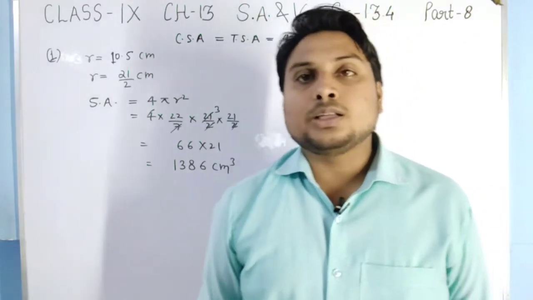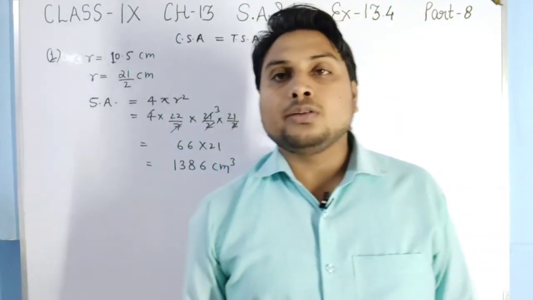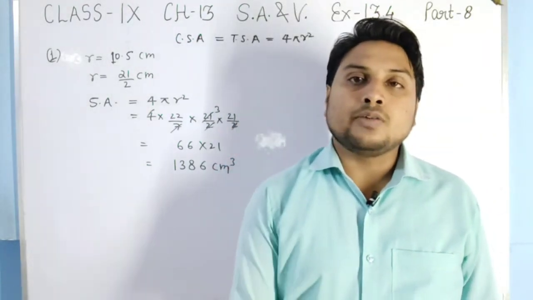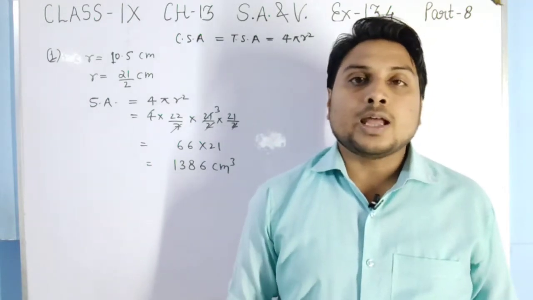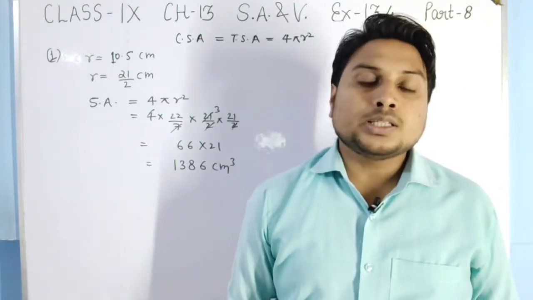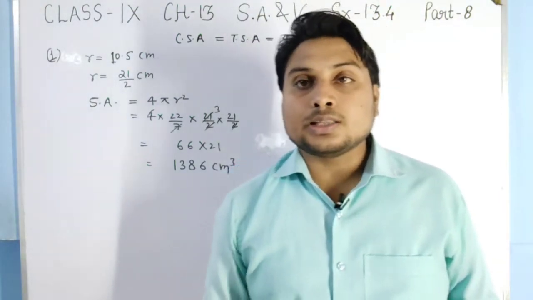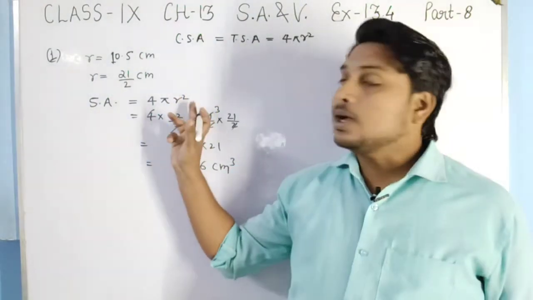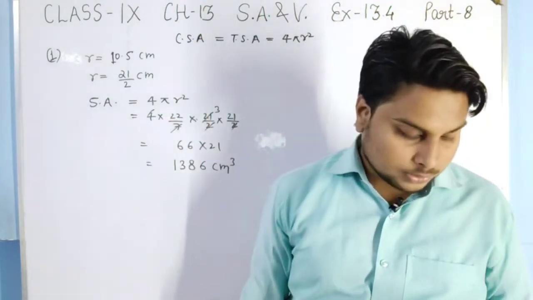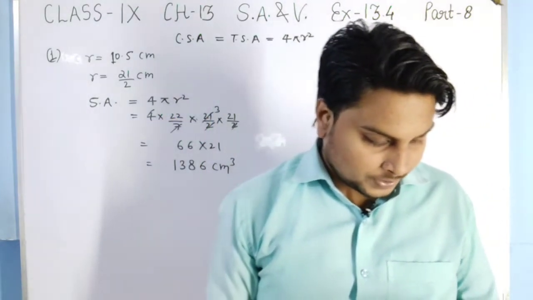This time the diameter is given. So if you have the diameter, you can find the radius by taking half of the diameter, and if you have the radius, you can easily find the surface area of the sphere, that is 4 pi r square. So you have to apply this formula.